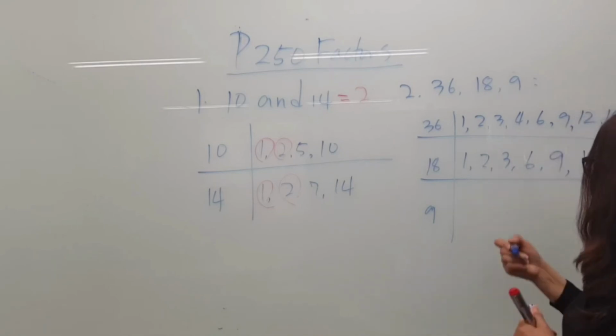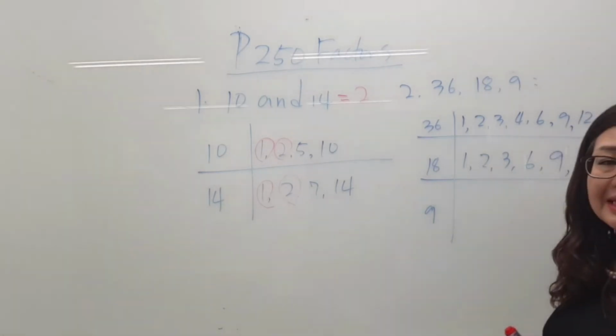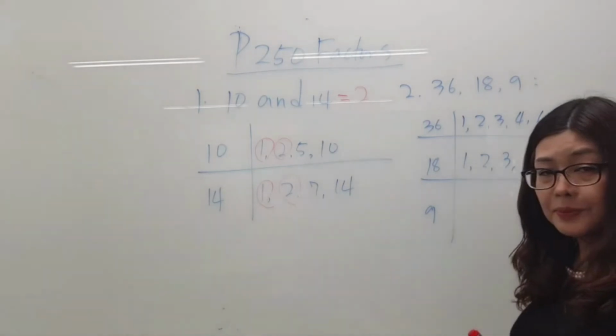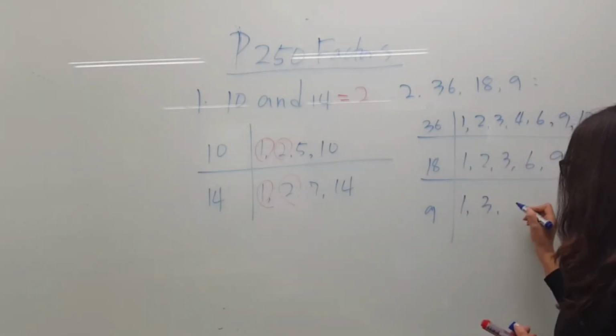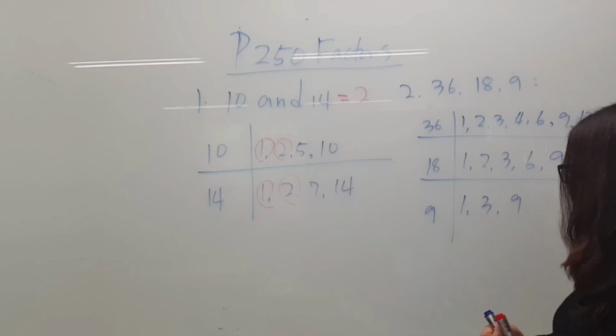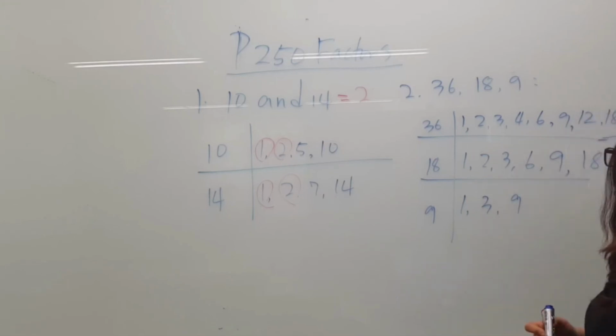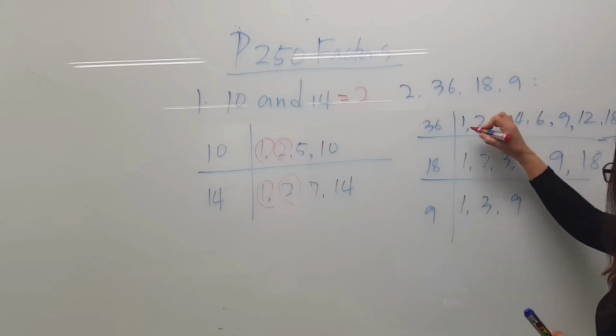Next we have 9, which is very easy. As you know, 9 is not a prime number, but its factors are just 1, 3, and 9. Now this time you have to find their common factors.